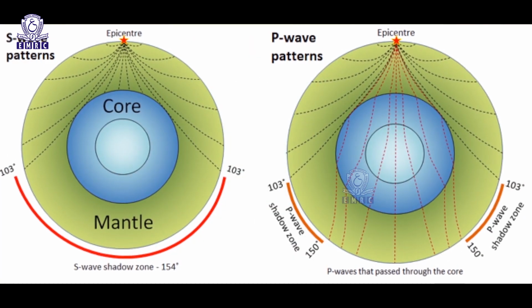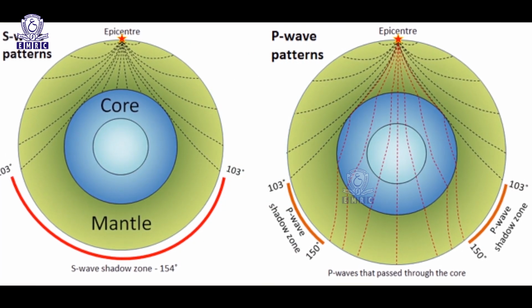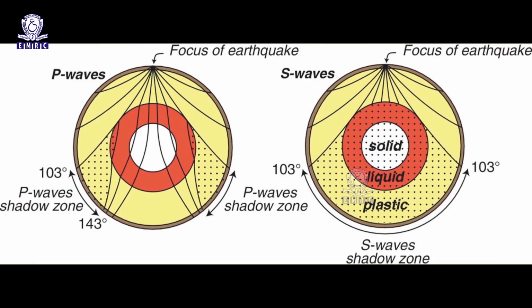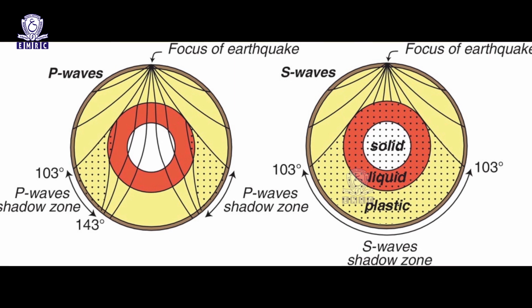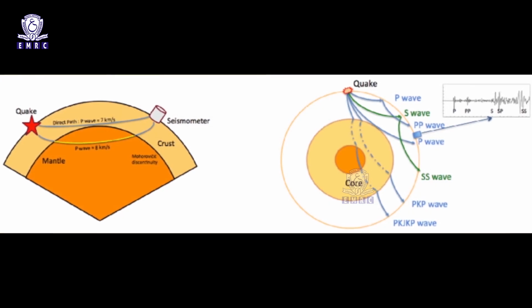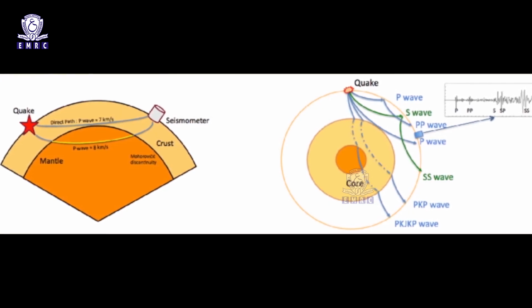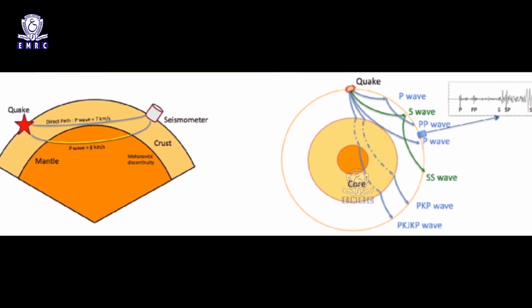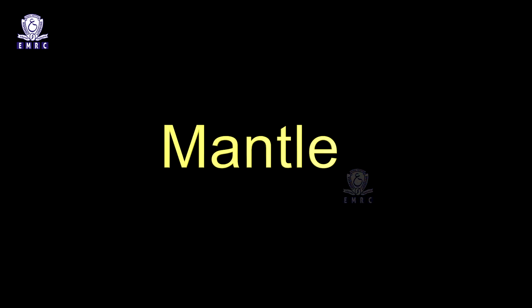The average velocity of P waves in the upper crust is 6.1 kilometers per second, while it increases to 6.9 kilometers per second in the lower crust. The lower limit of the crust is a discontinuity layer called the Mohorovicic discontinuity or Moho layer.